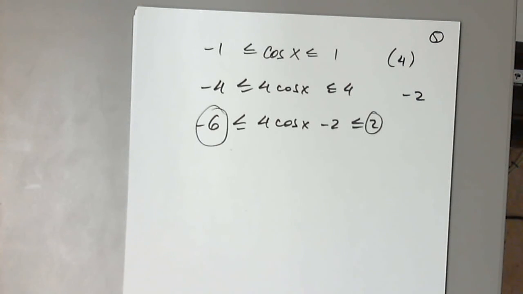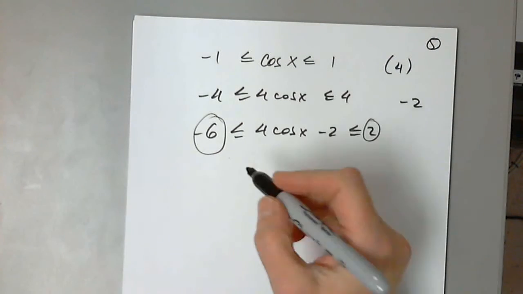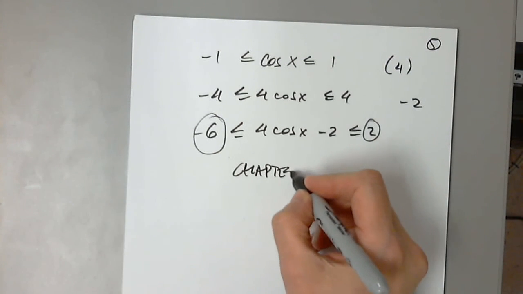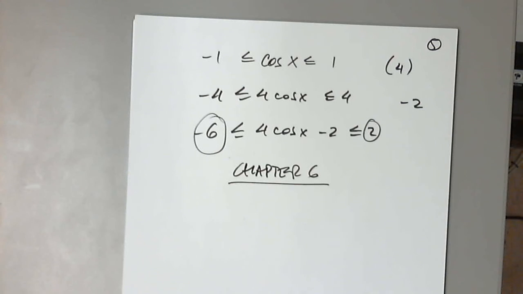Okay, so let's talk a little bit about chapter 6. Chapter 6 deals with exponential and log, right? Are we in the clear with the exponential and log? Any questions? Exponential decay, exponential growth, condensing, expanding, log equations, exponential equations, okay? Yes, that's why I want to review everything.